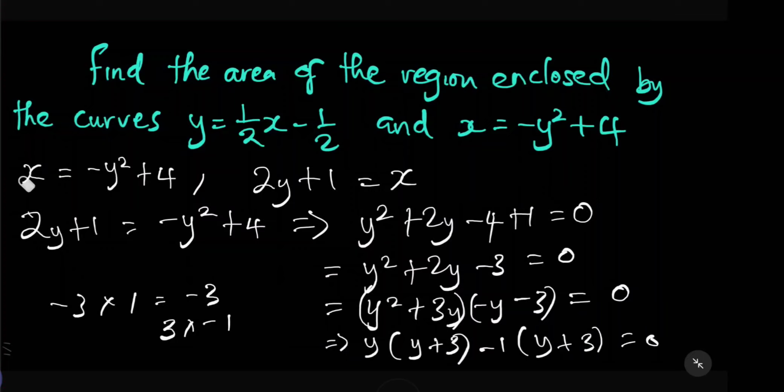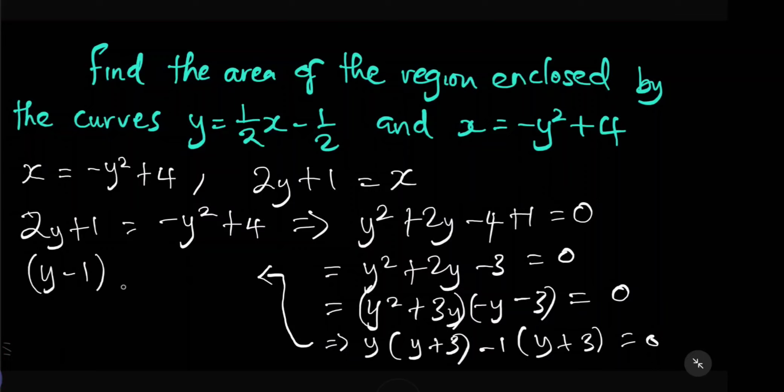So we collect like terms together, and at this point we will have y minus 1 multiplied by y plus 3 equals 0. This means that y is either equal to 1 or equal to minus 3. So y equals 1 or minus 3 would be our intersection points.